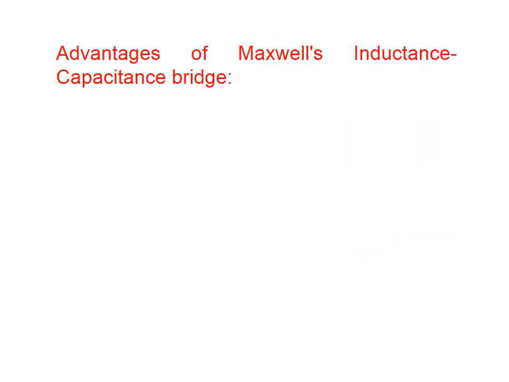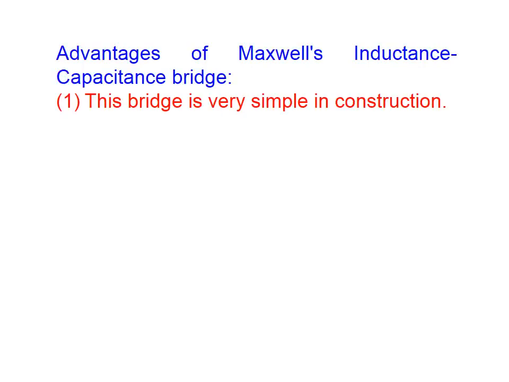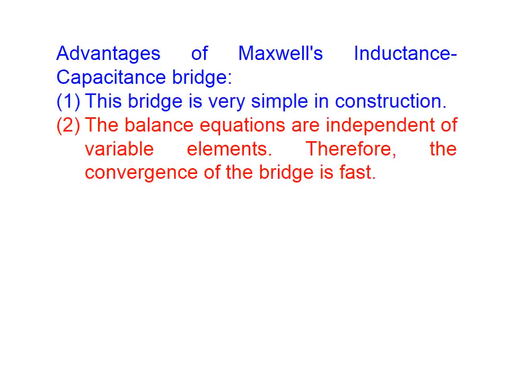Let us now discuss the advantages of Maxwell's inductance capacitance bridge. The first most obvious advantage is that this bridge is very simple in construction. The next advantage is the balance equations are independent of variable elements R4 and C4.